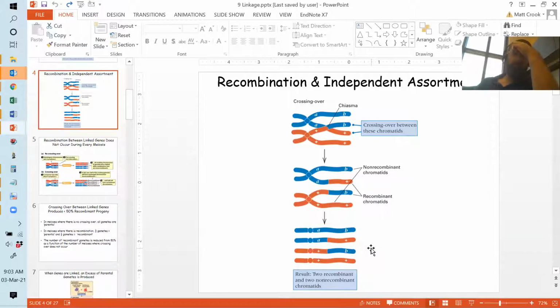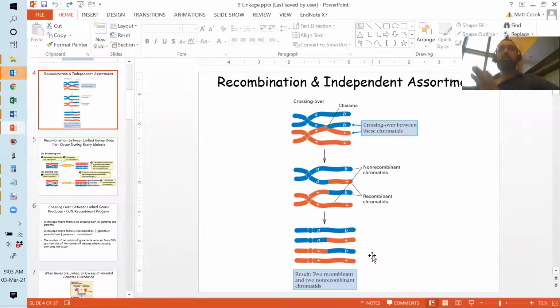If you remember when I was talking about this a while back, random alignment on the metaphase plate is like shuffling a deck of cards. Essentially, this is like tearing a little bit of a card off and sticking it onto its matching card on a different deck. So this is a way of fine-scale rearranging and shuffling the allele combinations.